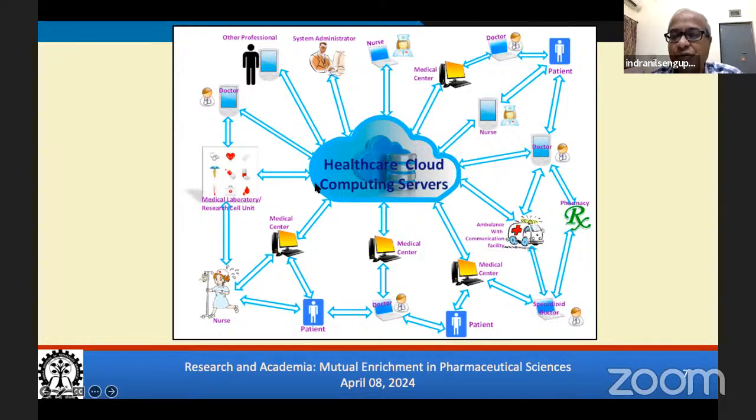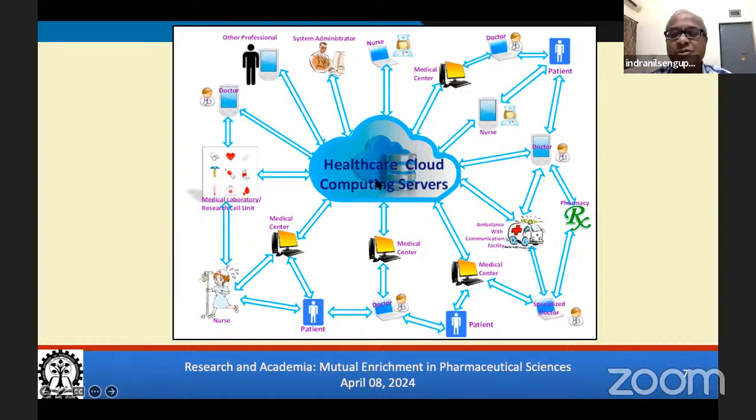Now, the idea is that what I want to show, without going into the detail, is that whenever data is generated from some point, say from a patient, maybe a nurse has come to the patient to collect some data. After collection, the data will be put on the cloud.